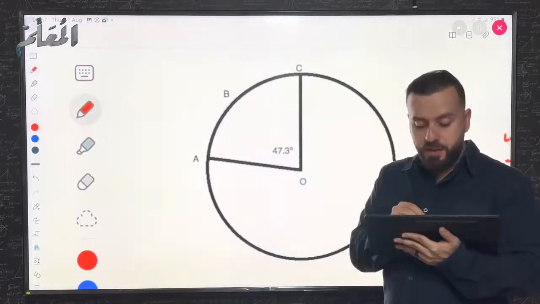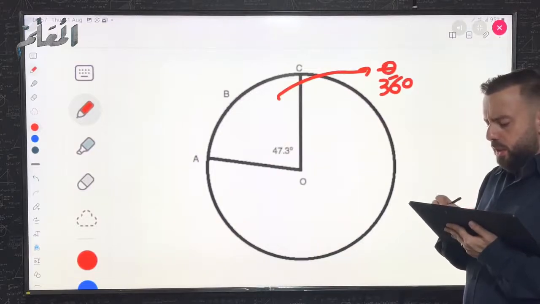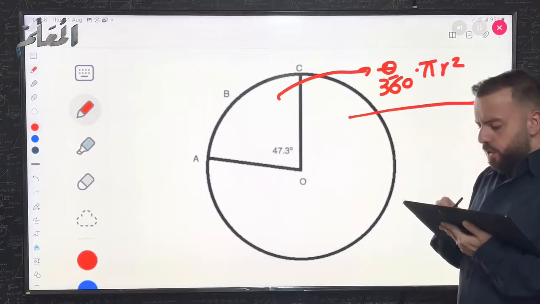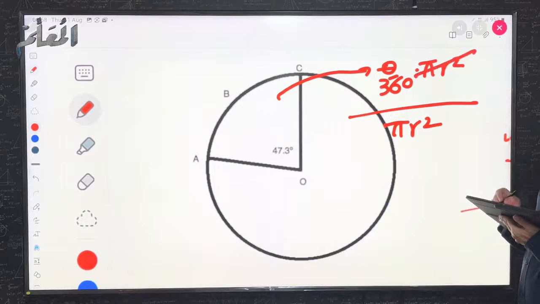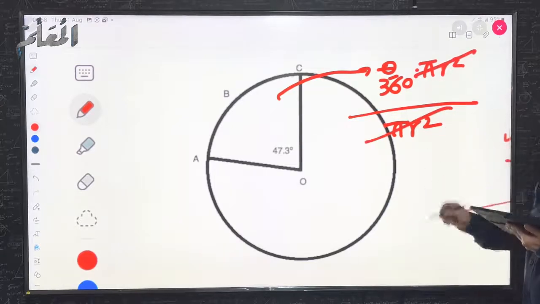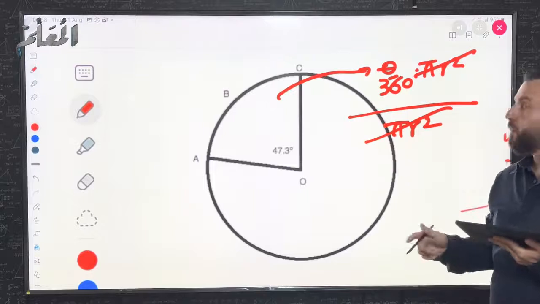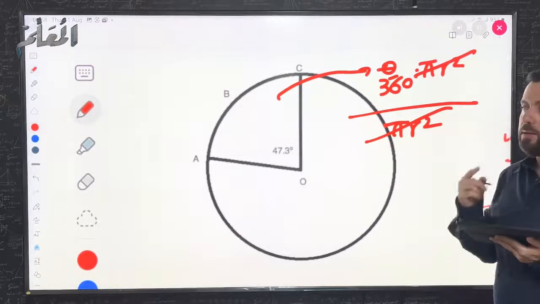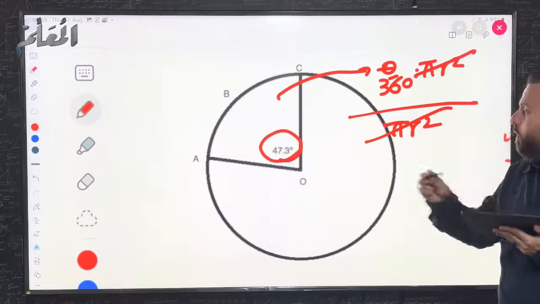If you remember the sector rule, which is theta over 360 times pi r squared, and the area, which is pi r squared, then pi r squared cancels with pi r squared. So theta over 360 represents the sector area fraction. What's the theta? It is 47.3, as you can see here.